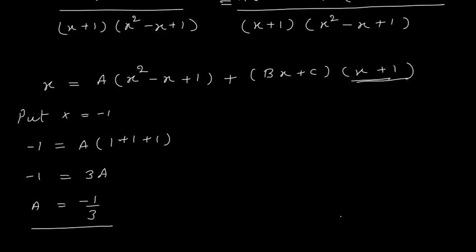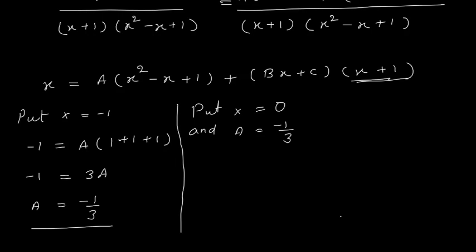Now second, I will choose the value of x as 0. I will put x is equal to 0 and a as minus 1 upon 3. Now by this choice of x, what will happen? The value of b will become 0 and I can get the value of c, as the value of a is already known to me.